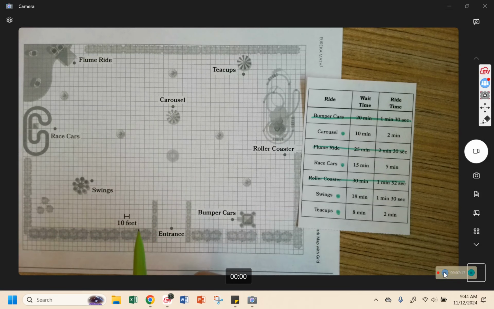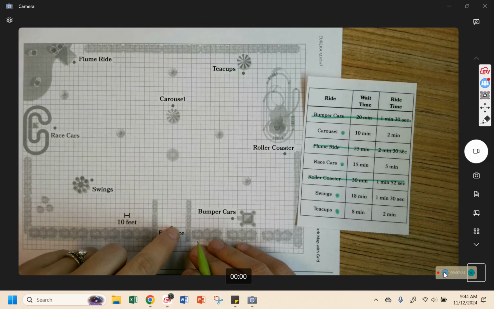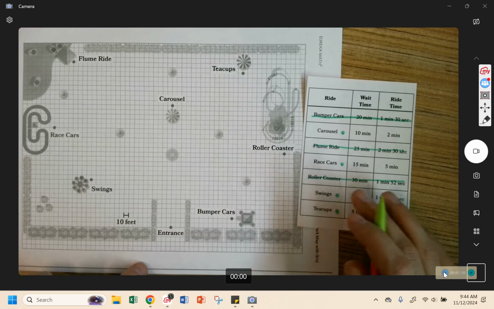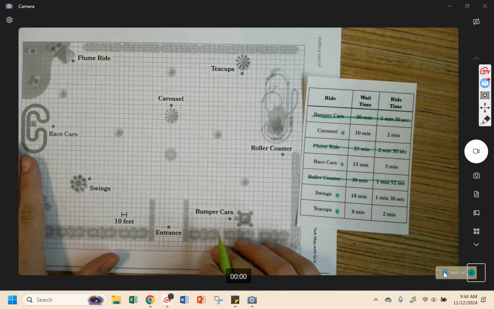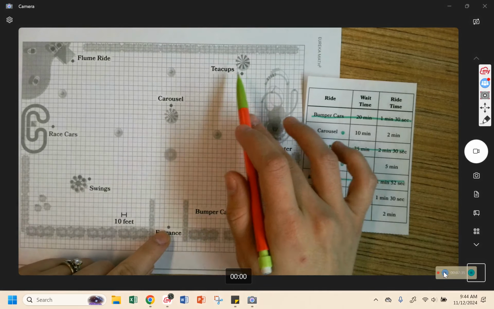We have to think about the different paths that we can take. Now, I can't go straight from here to the swings because I would run into what looks like a planter. So I do have to go out and around, but I think that's still going to be faster than skipping and coming back.